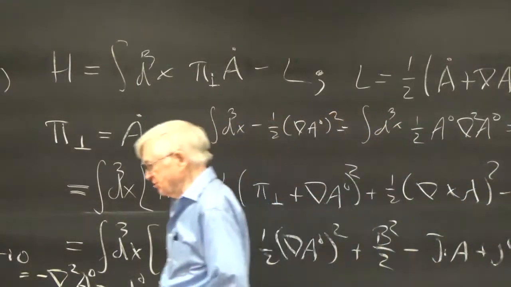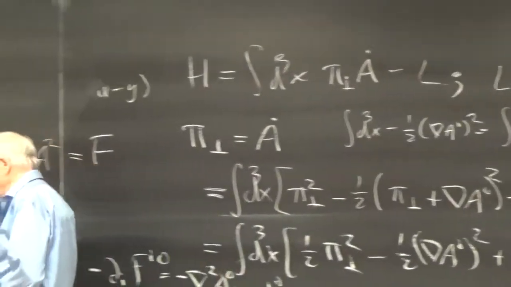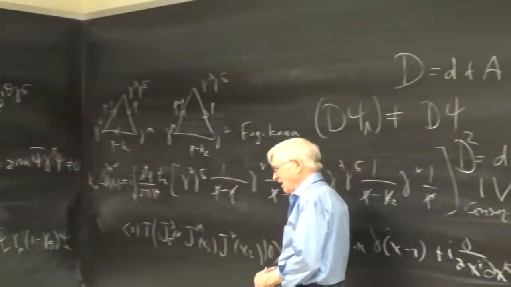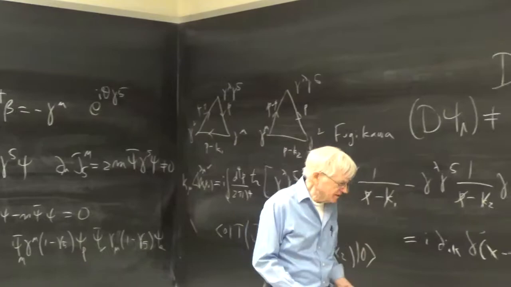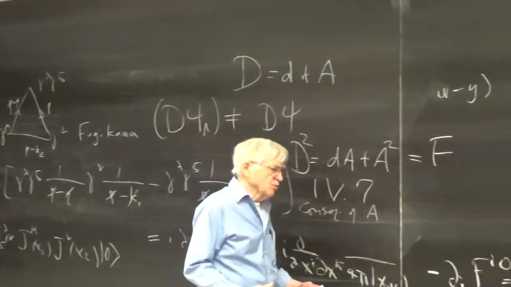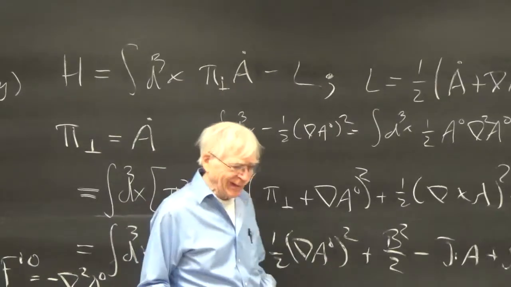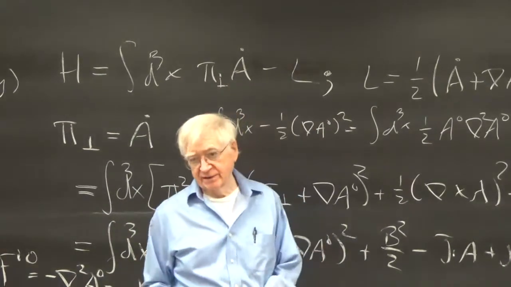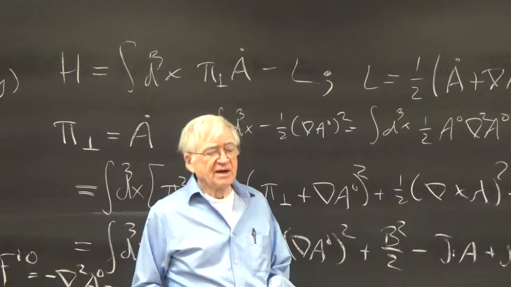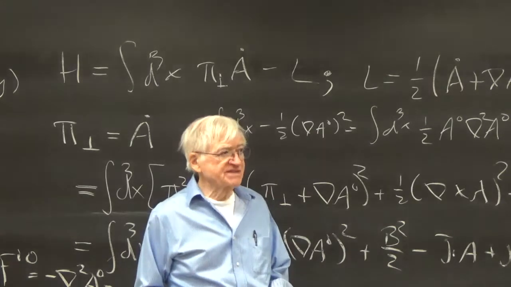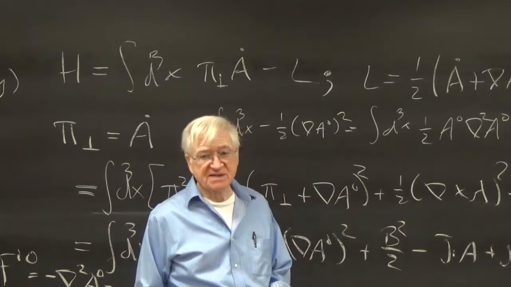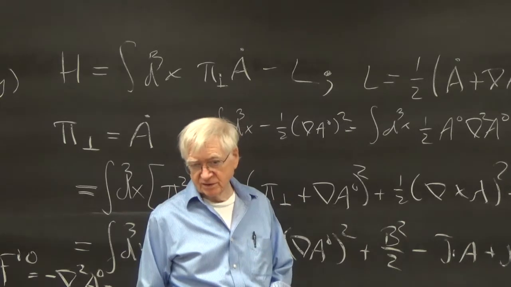One solution to that problem was a mechanism invented by Peccei and Quinn, and then Weinberg showed that the Peccei-Quinn mechanism wouldn't work unless you added in an axion. So since then, people have thought axions are really cool, and so they're looking at them.